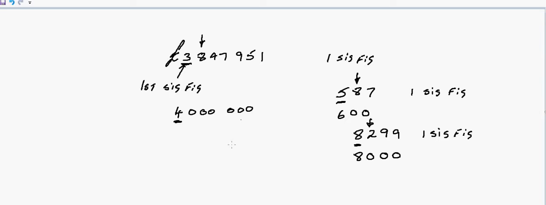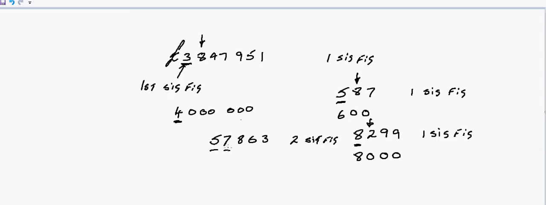Okay, so let's say we've got 57,863, and they say to 2 significant figures. So I go 1, 2, because they're significant.